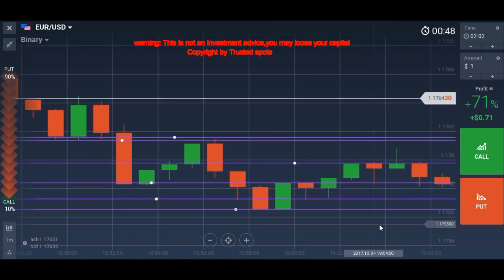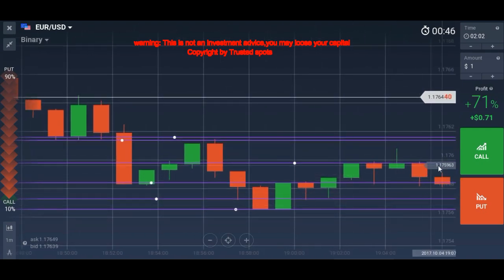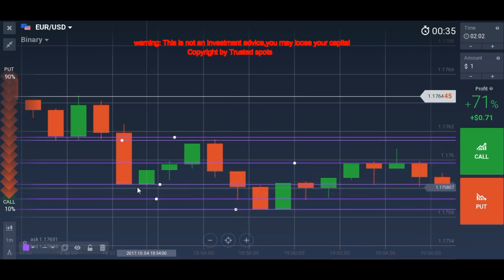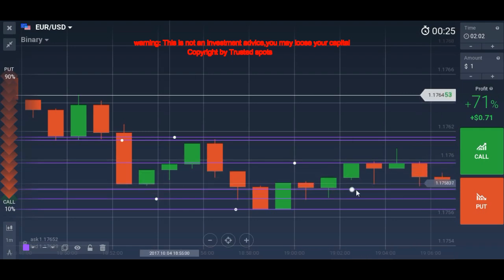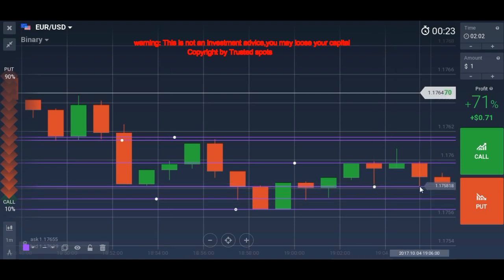And you can see this candle doesn't reverse at all, but this shows something to us. Let me clear it first. If you see that, this candle tried to go down and reversed from this particular level.